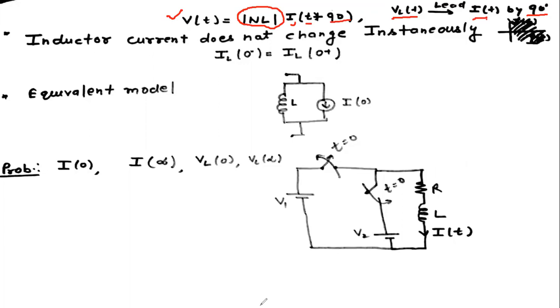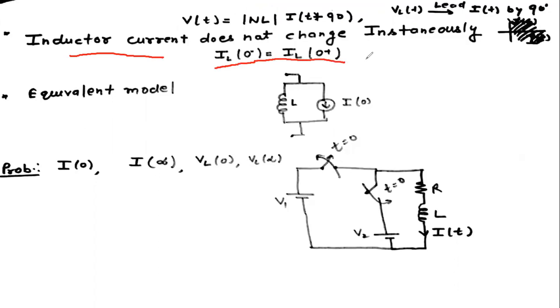Next important point, when we talk about a switching condition: the inductor current does not change instantaneously, which means IL(0 minus) equal to IL(0 plus).